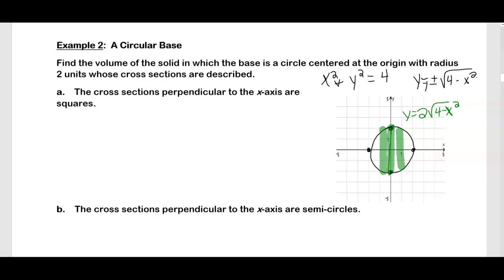A square has the same length across its base as it does for its height. But a square is squared, so we have to square it. Okay, so area is 2 square root of 4 minus x squared, squared.